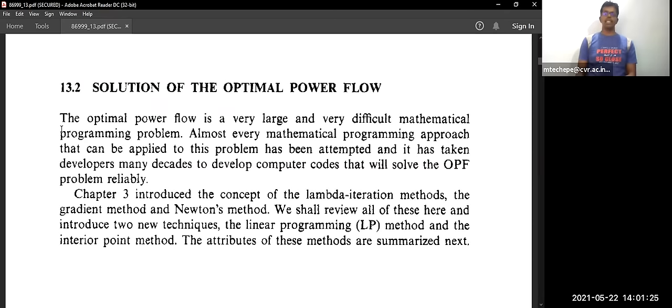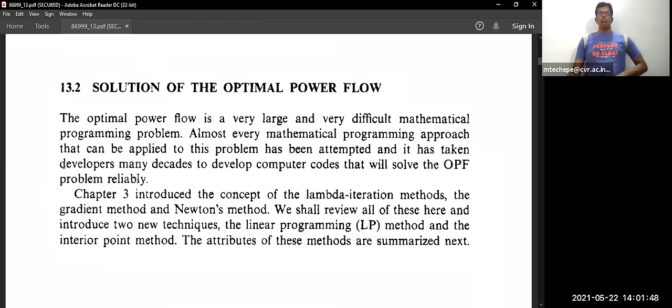Even with one constraint, for a 3 unit system, we take more than half an hour to solve the problem. Imagine 5 to 6 constraints in a problem. It is very difficult and also very large.